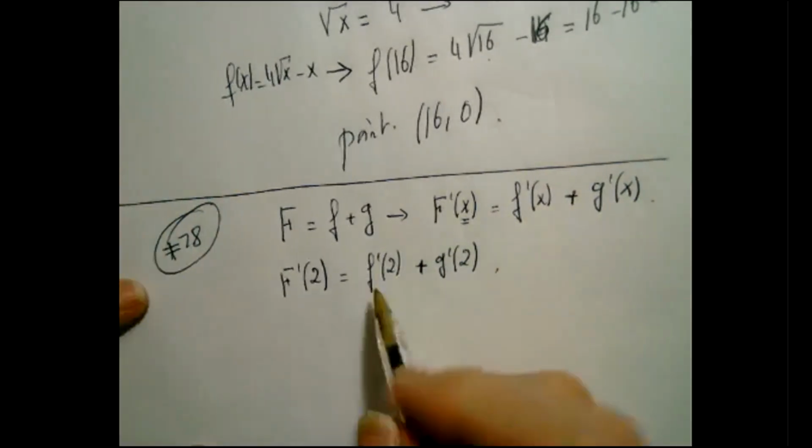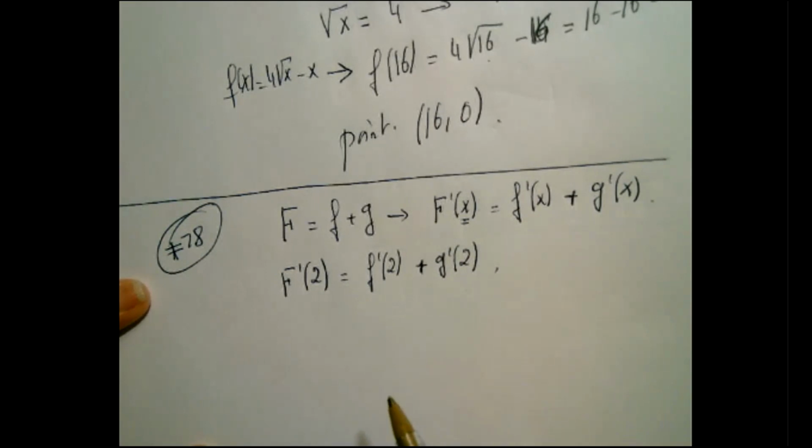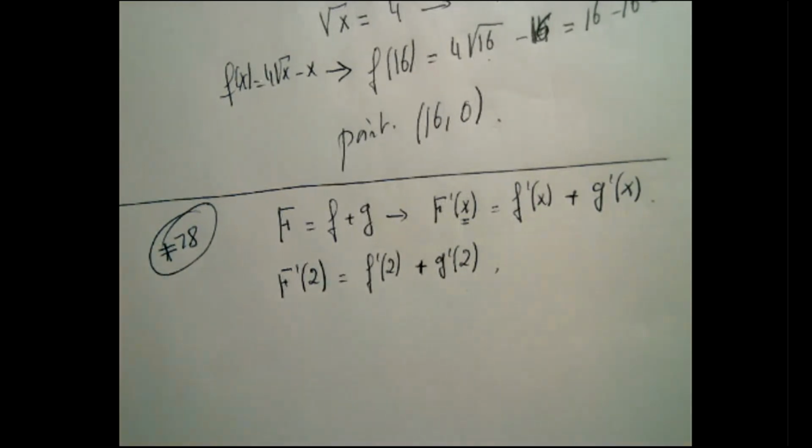So now, do we know f prime at 2 and g prime of 2? That's where I have to go back to the picture and see if we can do that. If I can do it using the book, fine. Otherwise, I will try to reproduce the picture. Okay, I think we can do that.